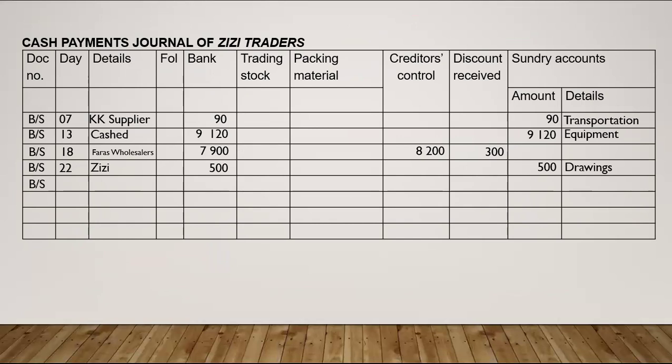This was paid to an employee. The value that we paid the employee was 1,800. It was for wages, but we don't have a column for wages. As a result, this will be recorded under sundry as wages.